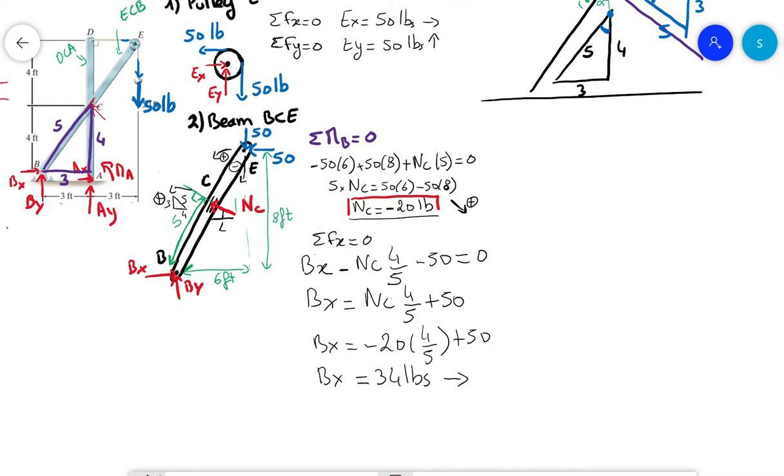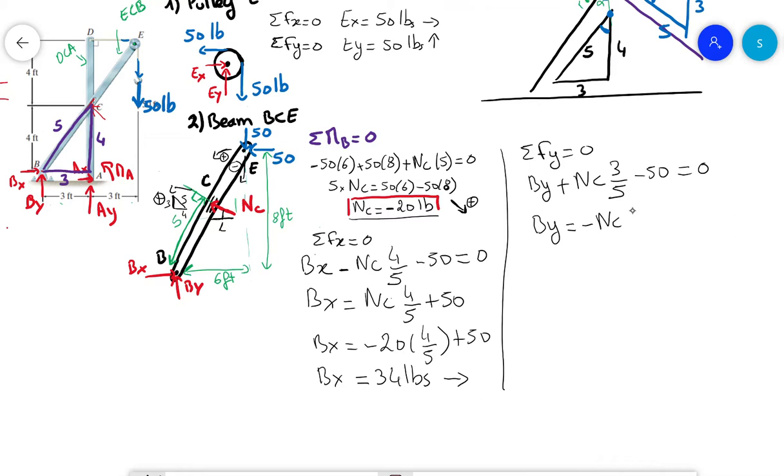Okay, and the sum of the forces on Y is equal to 0. So we have By going up, the NC plus, because the way I drew it is plus, so plus NC times 3 divided by 5 for the Y side, and minus 50 for this force there. So By is equal to minus NC times 3 divided by 5 plus 50.